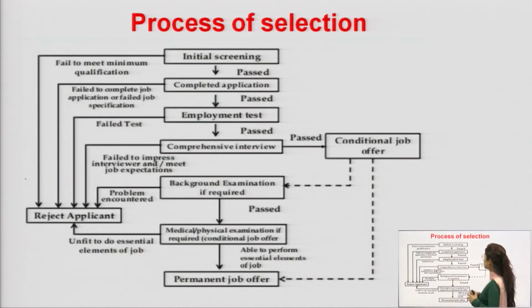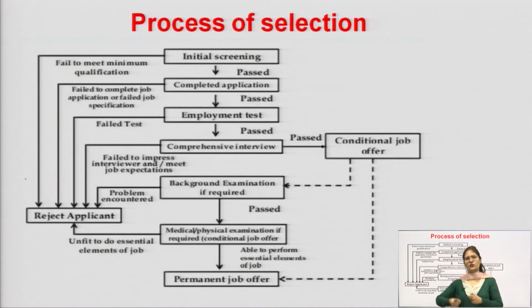If I talk about the process of selection, these are the steps involved in the selection process. It varies from organization to organization. We cannot say that all organizations follow this exact systematic series. Some organizations follow some other, which means maybe they eliminate some steps in the selection process.